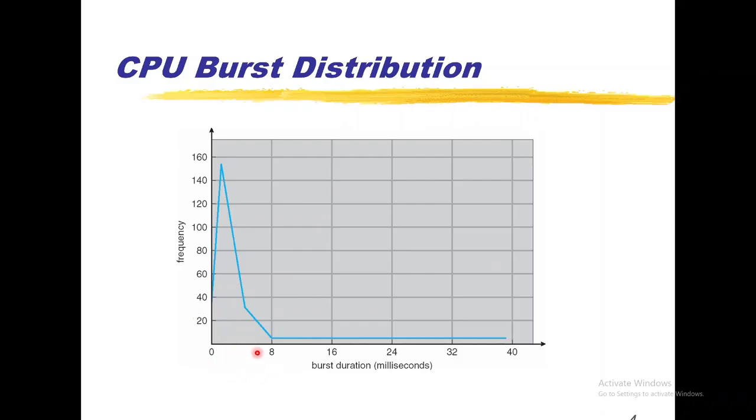So more processes have short CPU burst times. Fewer ones go from higher than 8 to 16 to 24. Very few. Most are just within this burst time.